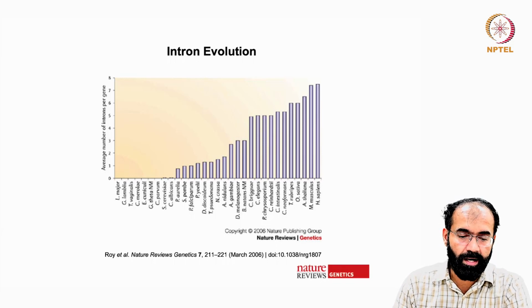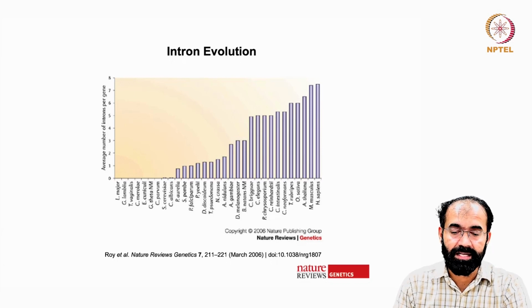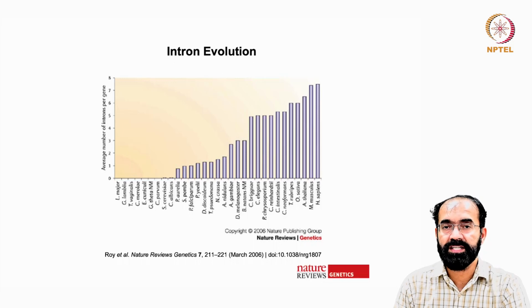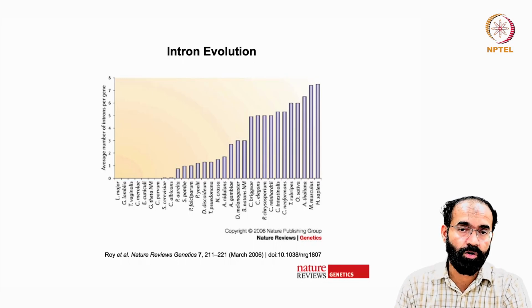You can see here 1, 2, 3, 4, 5, 6, 7, 8. So the average number of introns per gene in Homo sapiens is 8. This number remains more or less the same in the mouse and then slowly decreases.